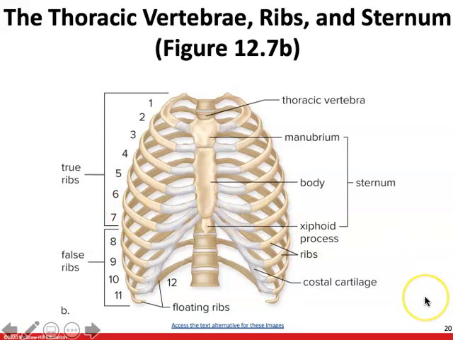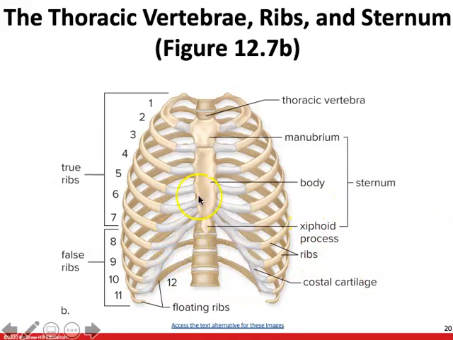The xiphoid process serves as an attachment site for the diaphragm. So the xiphoid process right down here, this is where our diaphragm is going to be attached. That's going to pull down to allow our lungs to fill or allow our rib cage to expand outward and upward. And then when it relaxes, it's going to push our rib cage inward and downward.